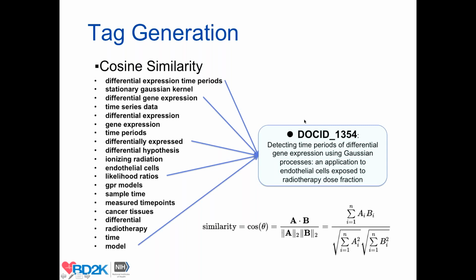And on the other side, we calculate the document embedding for this document 1355. And we calculate the similarities between each term and the document. We use this formula, the cosine similarity, to calculate the similarity.